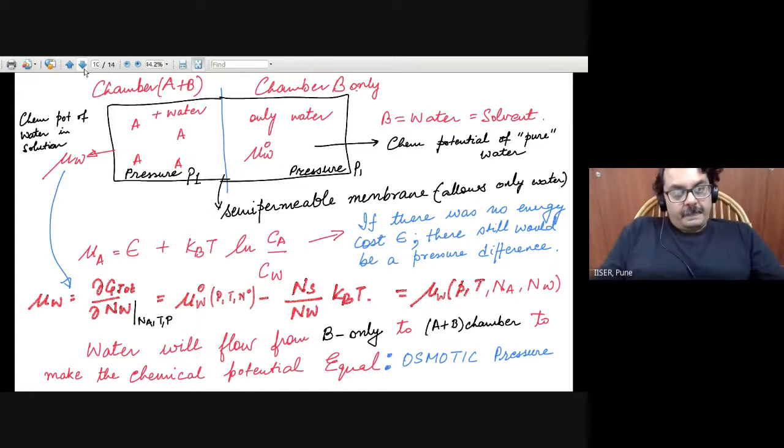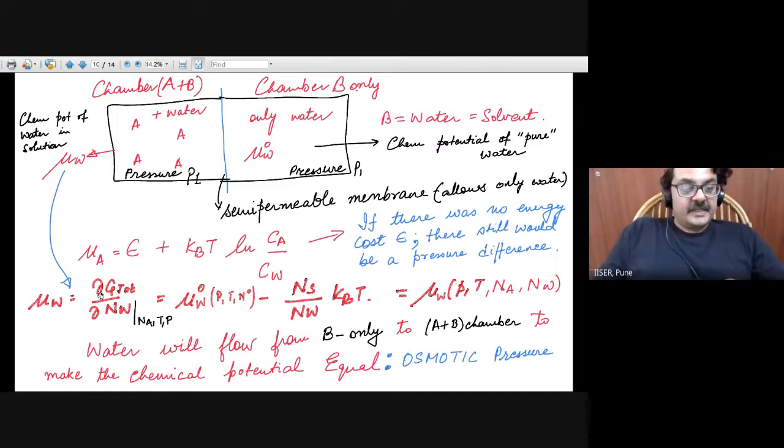Now, this I have written down for A particles. Now the chemical potential for the water molecule, right? That has to be calculated when there is a solute present. When there is a solute present, we had written down the Gibbs free energy, and we have to put in correction terms because you now have solute, right?